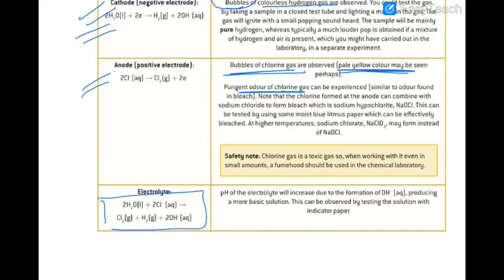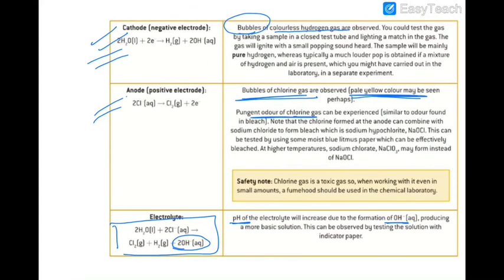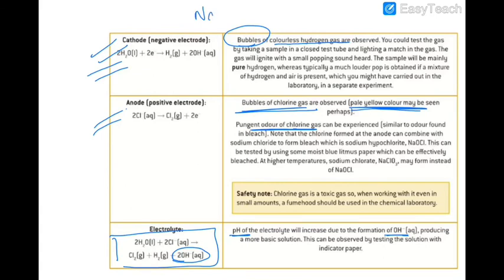You can see that during the electrolysis, OH minus is being produced, which means that the pH is going to increase. Because you also have Na plus in solution, NaOH is produced, so it becomes more basic.